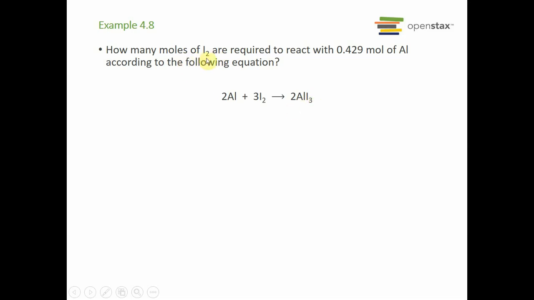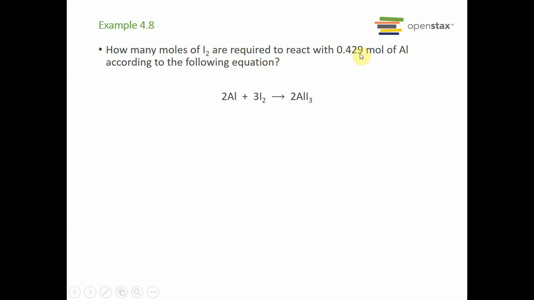You can tell if you've got this number of moles of aluminum, you use 3 halves the number of moles of iodine. So you divide this by 2 and then multiply it by 3.